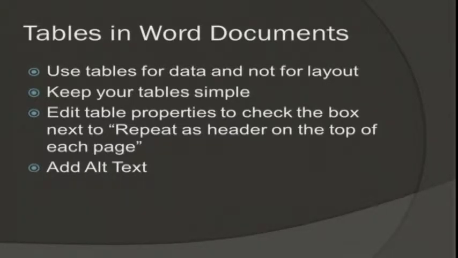So if you have a table with some statistics, as you export this document, it'll keep that information. And then also include alt text for your table. Or it'll benefit most of your users if you just include some text before or after it explaining what the table is describing.